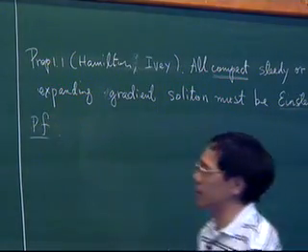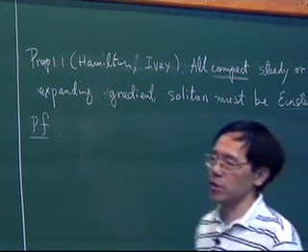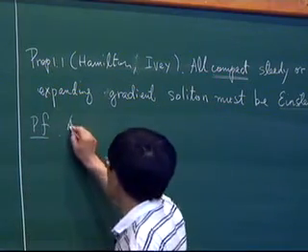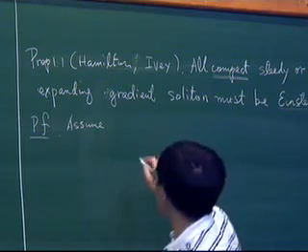So the proof is equivalent to proving that the F is constant. To prove that it's constant, we will use the two equations here. It's a simple application of the maximum principle. First we assume rho is negative.